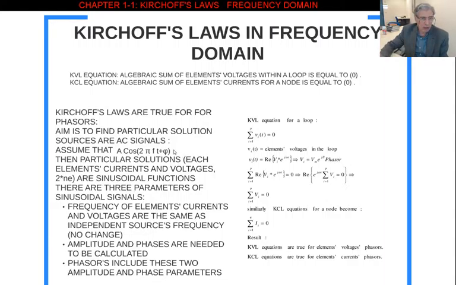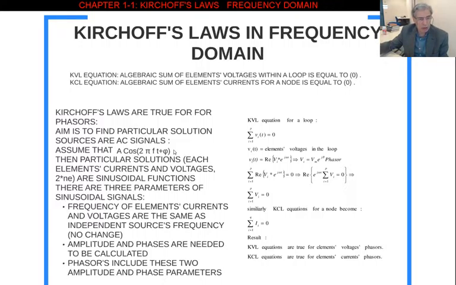We know that if the source is sinusoidal, and if we are going to find only the particular solution, this particular solution is going to be a sinusoidal function. We know that we can write the sinusoidal function in terms of phasors. These sinusoidal functions that we are going to find have 3 parameters. We need to calculate those 3 parameters.